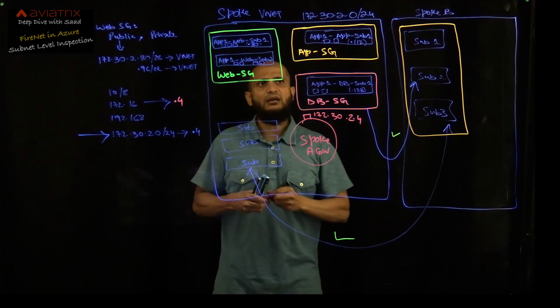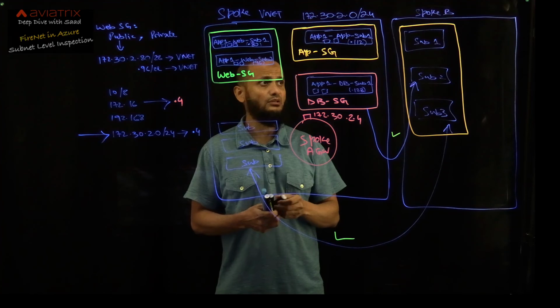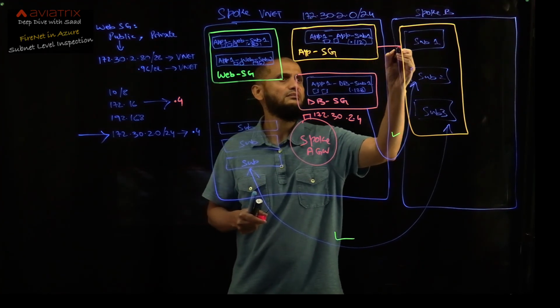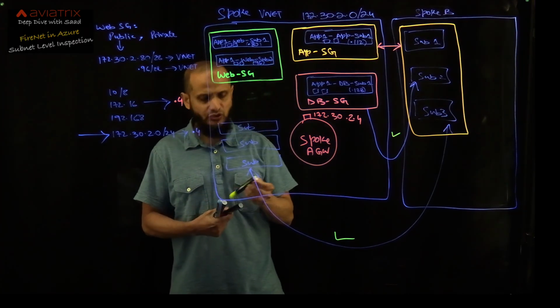And this time, the app subnet group wants to communicate with this new subnet group in spoke B like this. That communication is also allowed here.